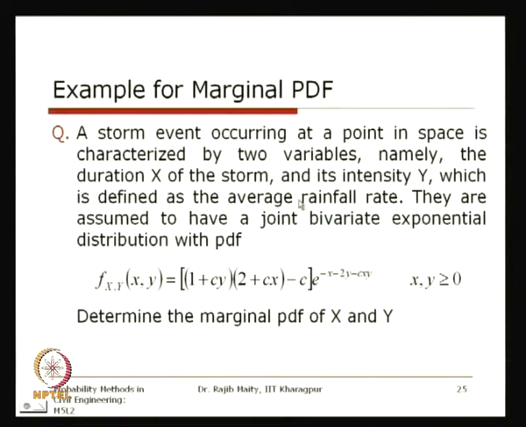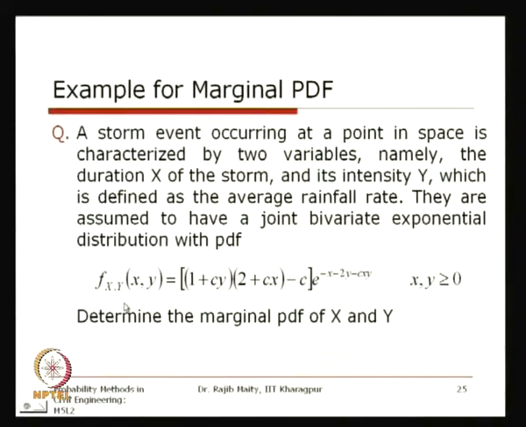What we have seen there is that if this is the joint distribution form, then what should be its marginal PDF for x and y. So in the earlier problem, we have shown the marginal and the joint, and we are asking for the possible range of the value of y. So now we know only the joint distribution, and we are interested to know what their marginal distribution is.